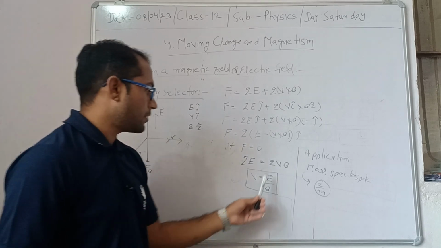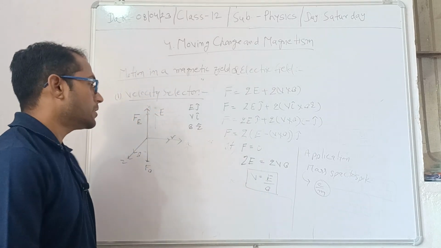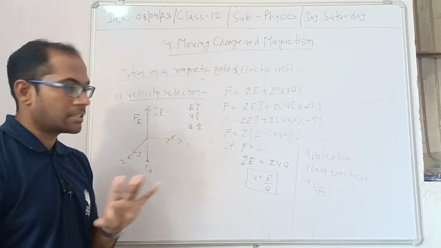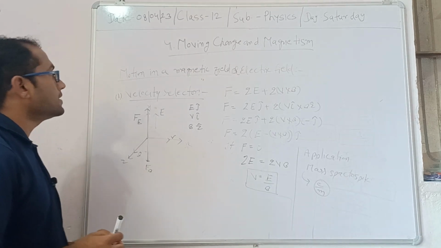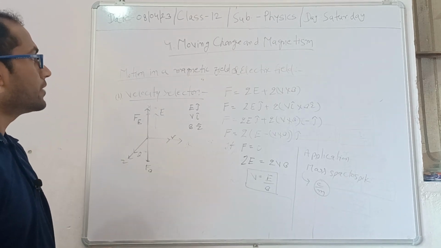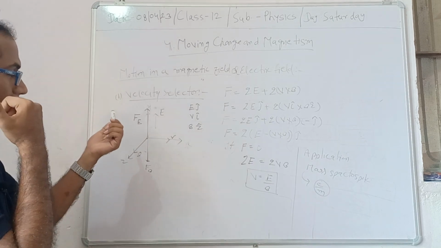If the velocity value equals E by B, then it passes out of this area without any deflection. So this is the first use of the magnetic field and electric field.